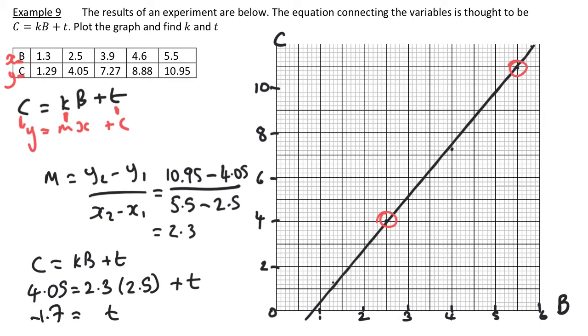So the equation connecting these two is c equals 2.3b minus 1.7. And the t value has worked out to be negative, and that makes sense because the line, if we were to extend it down, would cross the c-axis at a negative value. So everything's looking pretty good there.